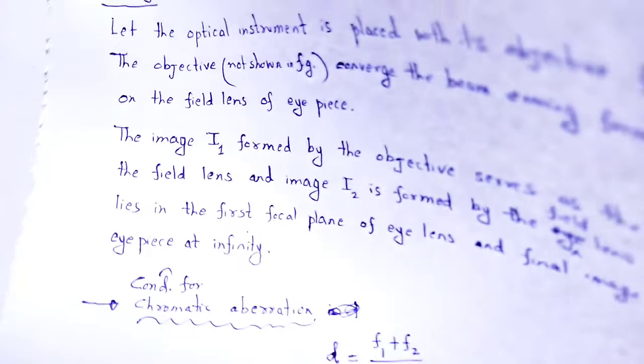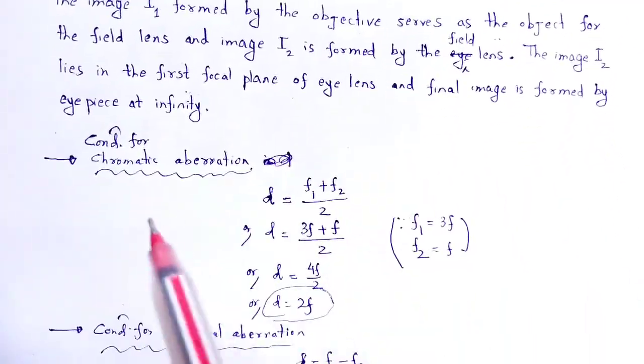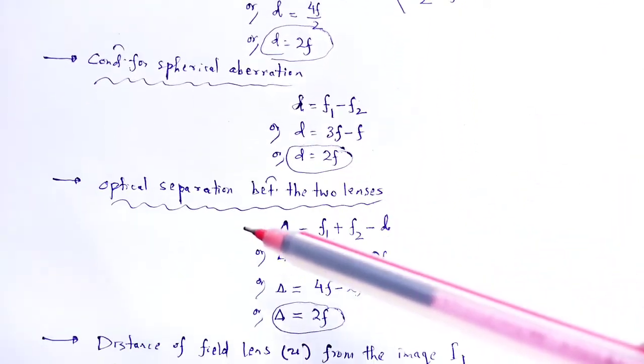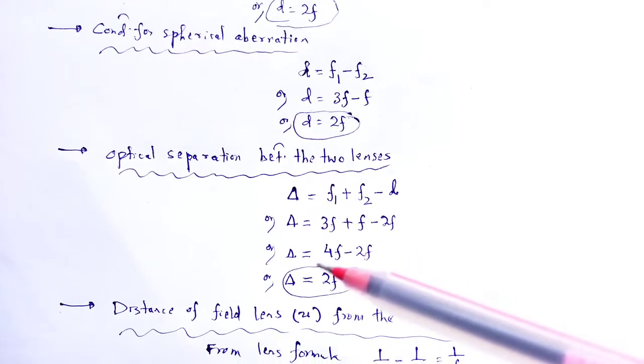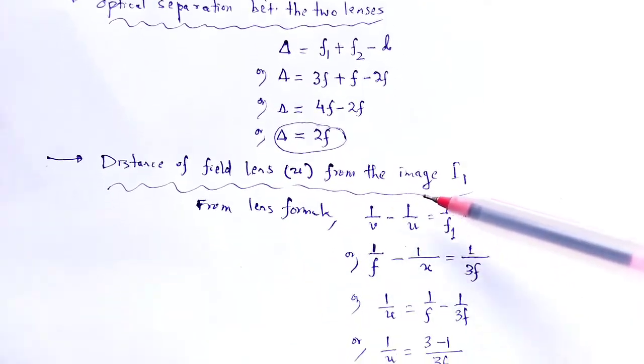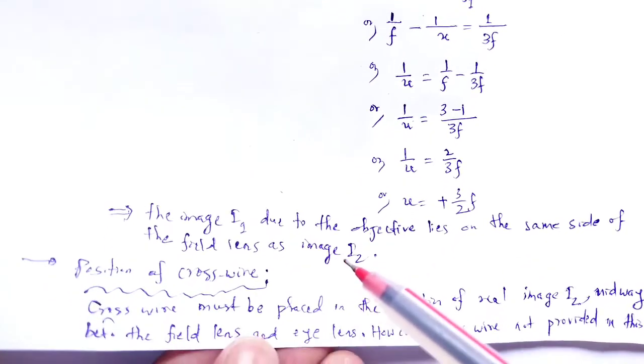Working of the Huygens eyepiece, condition for chromatic aberration, condition for spherical aberration, optical separation between the two lenses, distance of the field lens which is u, object distance from the image I1, then position of crosswire.